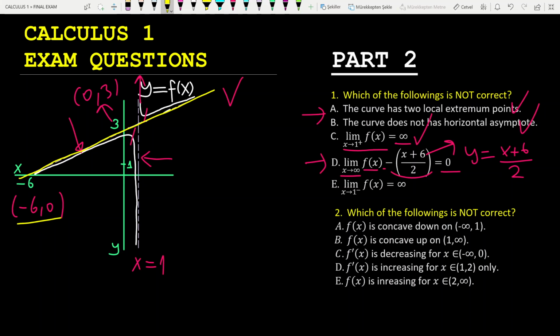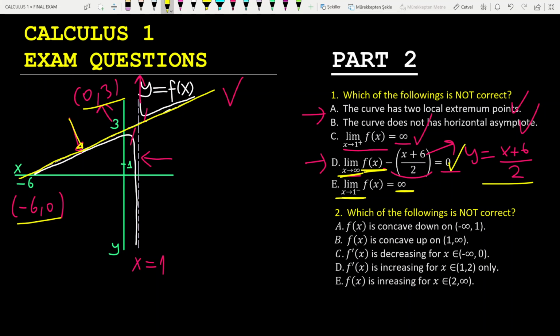So using these 2 points, you see that this is actually the line (x plus 6) over 2. So this is our oblique asymptote. By definition of oblique asymptote, when x tends to infinity, the function tends to that oblique asymptote. So this is correct.